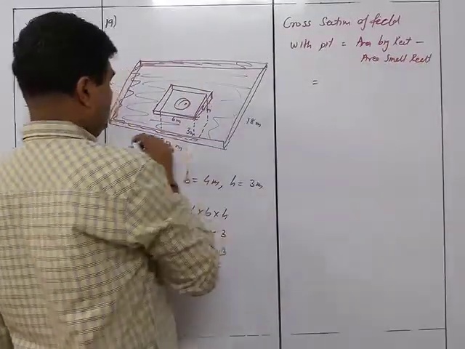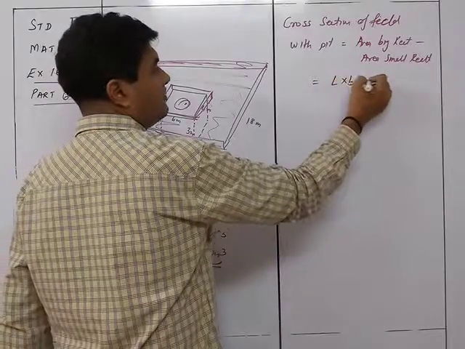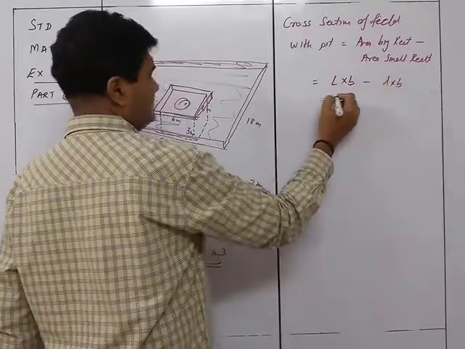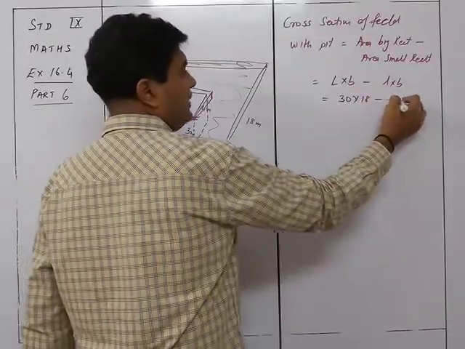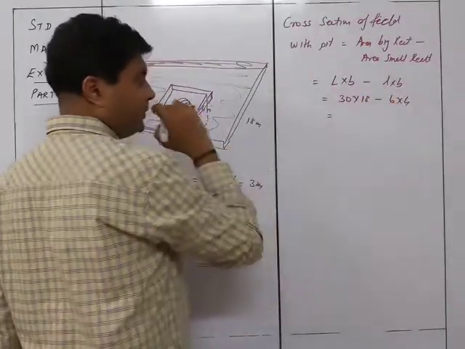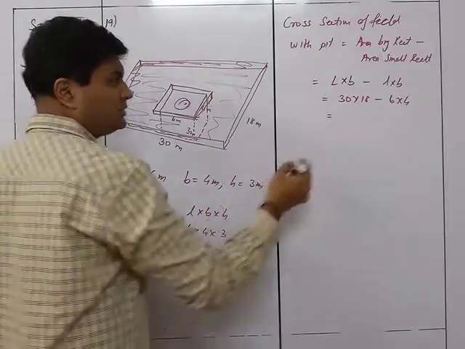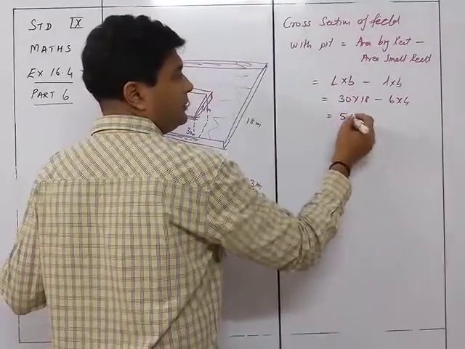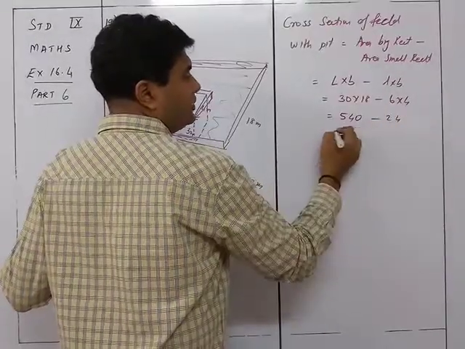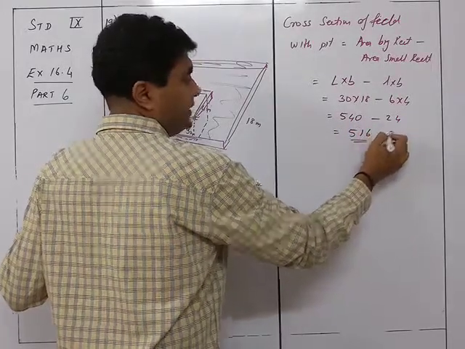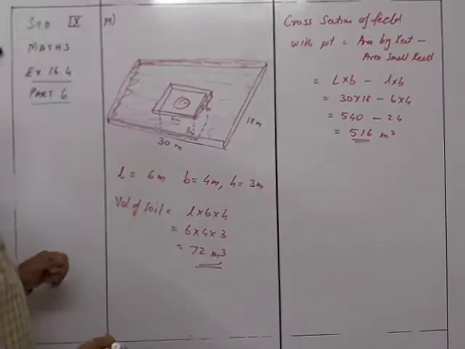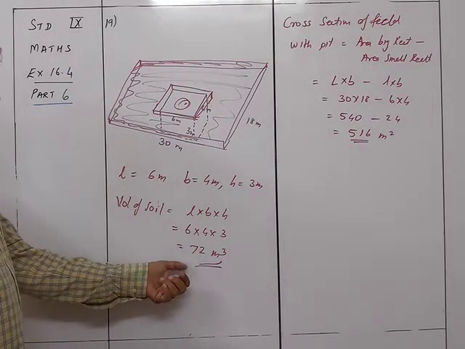That will be length into breadth minus length into breadth. This is 30 into 18 minus 6 into 4, that is 540 minus 24, so that will be 516 meter square. The volume of the soil is this one.